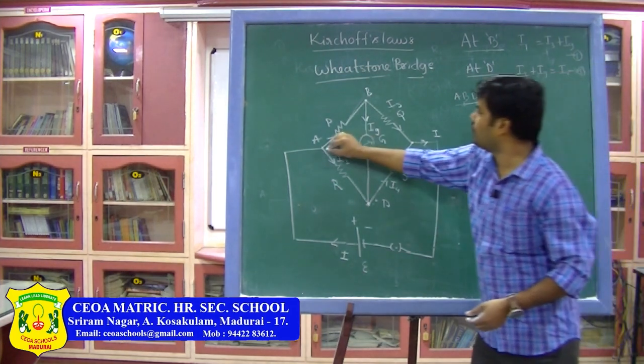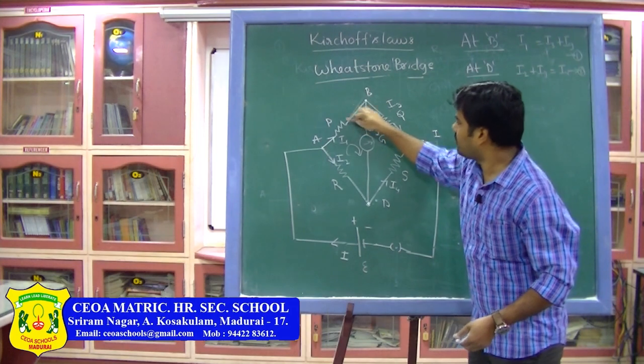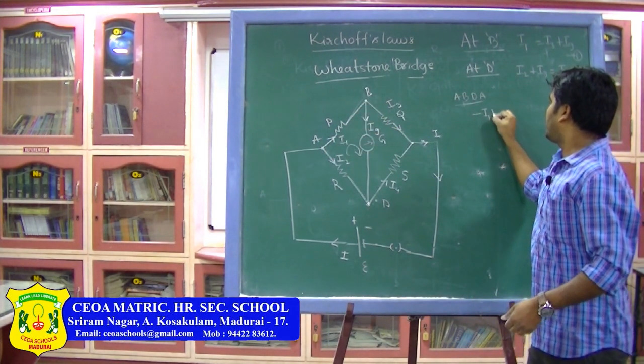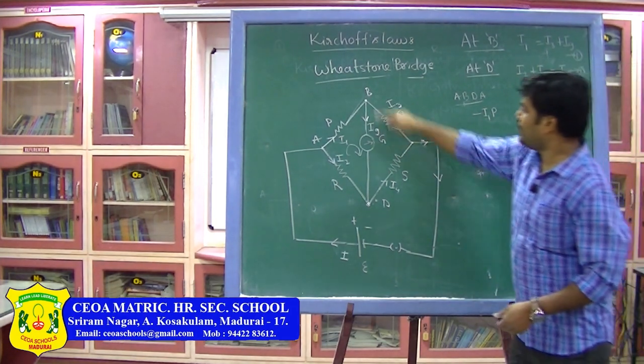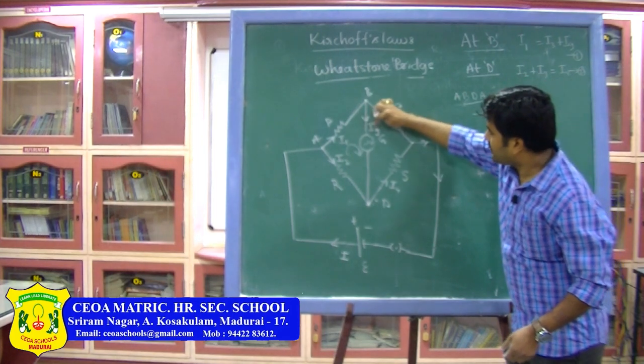So first A to B. You are moving from A to B in the direction of current. The potential drop across P must be taken as negative. So minus I1 P. Next B to D, there is a galvanometer of resistance G and the current through the galvanometer is Ig.